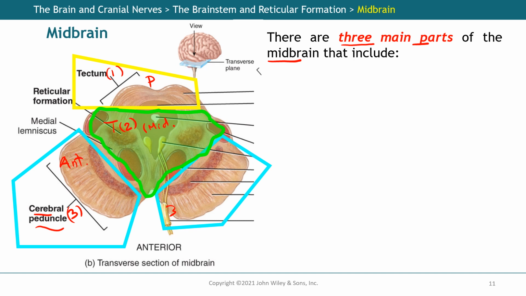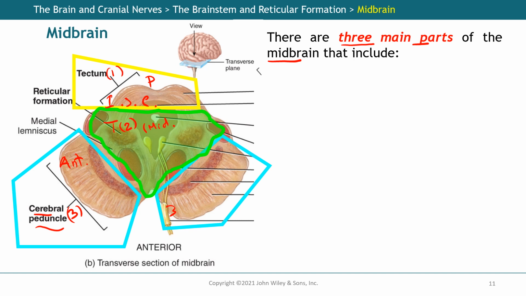Okay, so now in the tectum, we have the inferior and superior colliculi. We will talk about that in a second. They are in charge of the movement of the head, trunk, and eyes. In the tegmentum, in the middle, you will find a lot of different structures there.